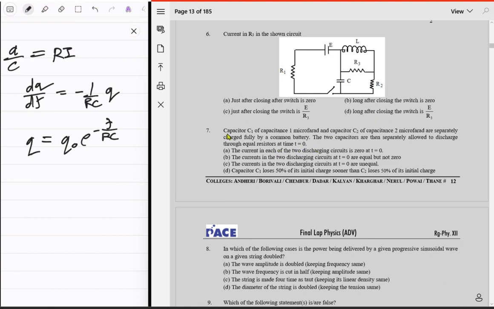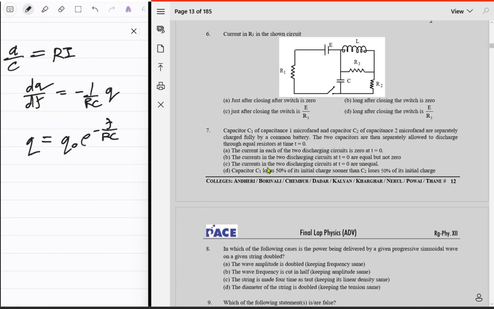So the current in each of the two discharging circuits at t equal to 0, what is it? Wait, no, it's not 0. The currents in the two discharging circuits are equal but not zero. V is the same for both of these, so these are in fact equal but not 0. Yes, so B is correct. Currents in the two discharging circuits at t equal to 0 are unequal.